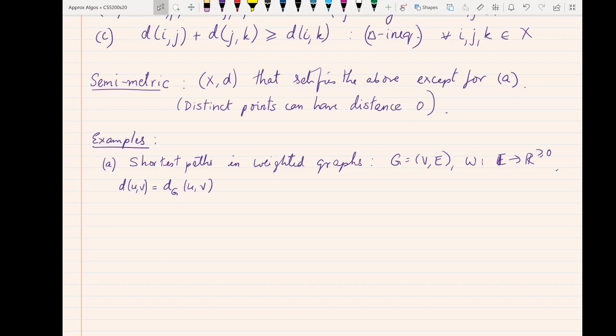So you define the d function to be the shortest path distance between u comma v in G. This case V comma d, as defined above, is a metric space. The only non-trivial thing to check is whether it satisfies the triangle inequality.